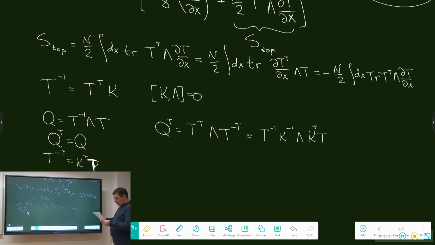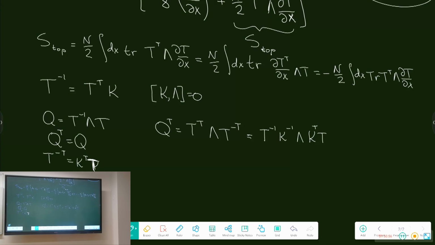This becomes funnier and funnier. Okay, so probably there should be some extra condition on K. So K commutes with lambda, and then it should also cancel here. K commutes with lambda because it's block diagonal, so yeah.